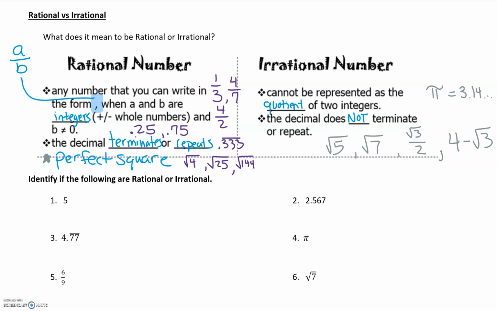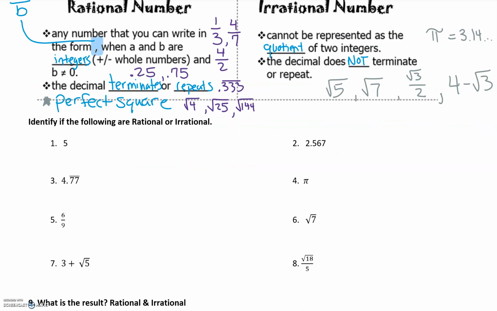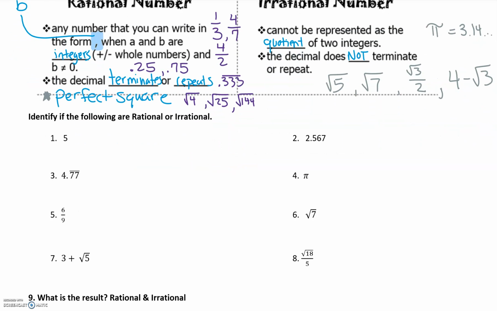That is going to keep going forever and ever. It would not terminate. So these are examples of things that do not fit in the rational, so we call them irrational.